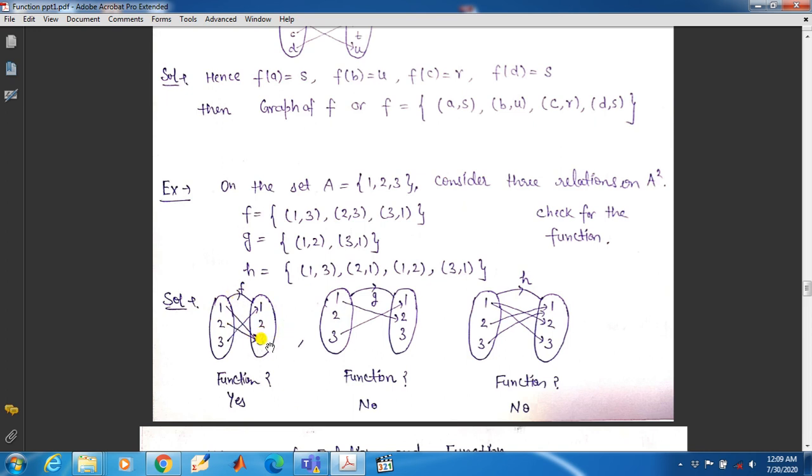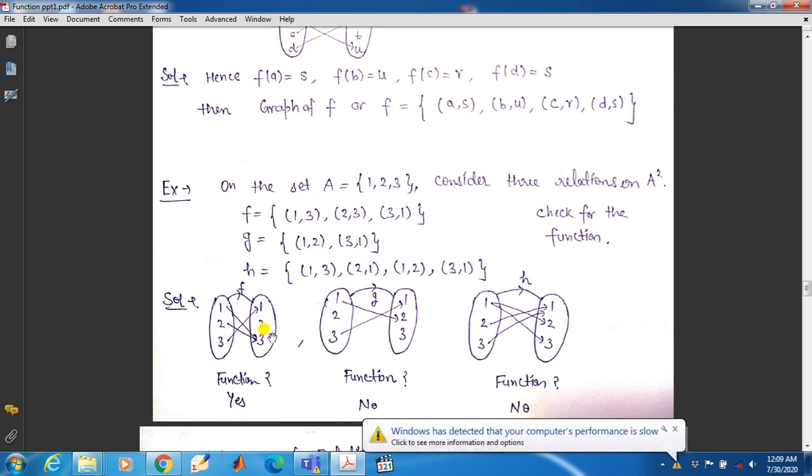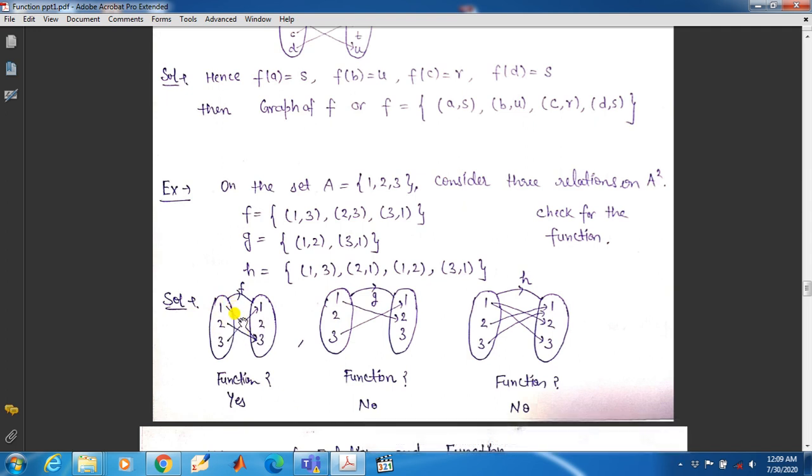For a function, all the elements of the domain must have an image in B, only one image. Here 1 has the image 3, 2 has the image 3 and 3 has the image 1, that means all have their images.